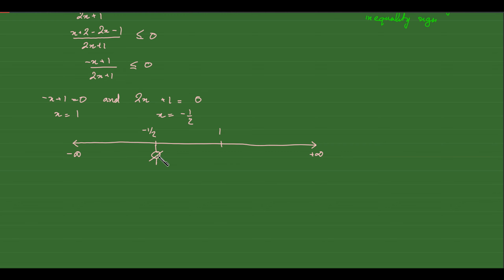But over here we're not allowed to have 0 under the denominator. It means that x equal to negative half here is undefined. So I'm going to put two bars like this to tell you that this is undefined.